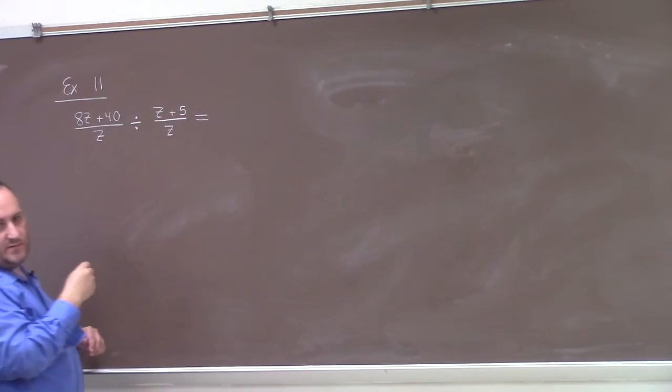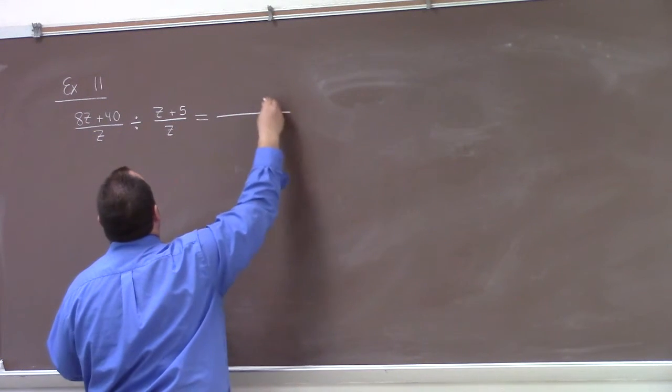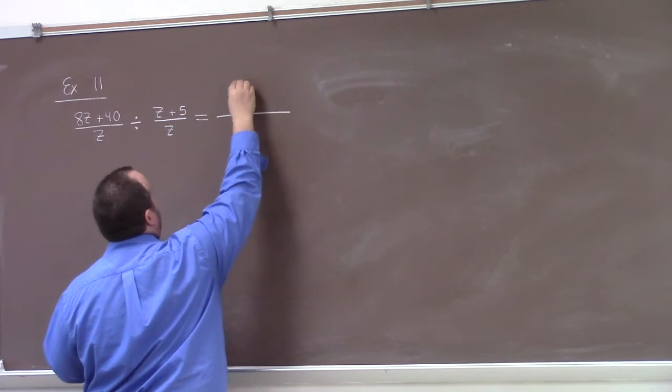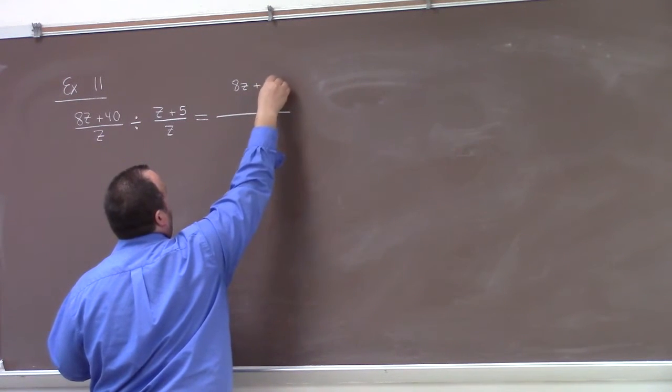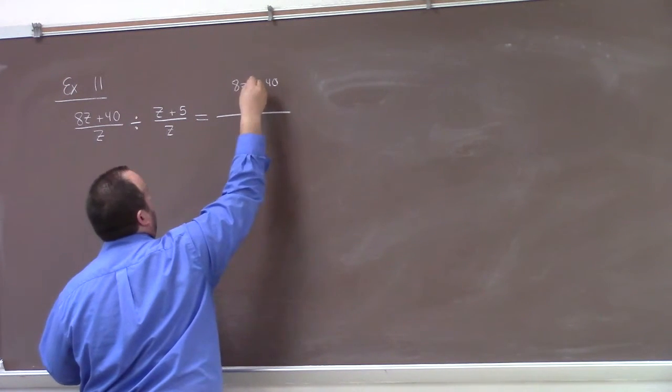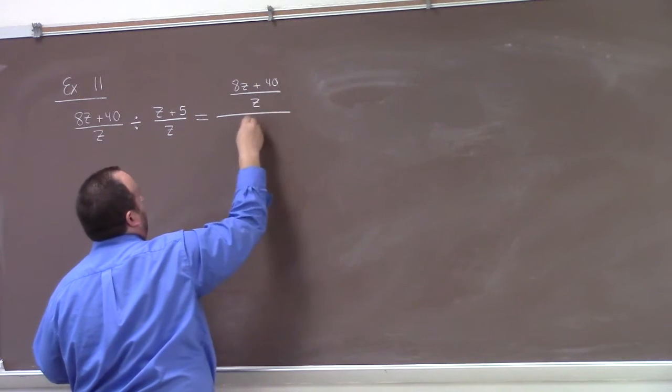Okay, so first thing, I convert this to a compound fraction. This is how it would appear on your test if I was to ask this. Wait, is that 8z or 82? It's z. They're all z's. Okay, I had to make sure.